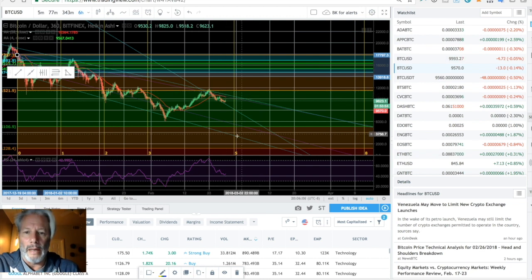So right now I'm looking at the 28th as the date, or right around in there, that we see something happen, and I'm looking at Bitcoin being somewhere in that $8,000 range right around that date.